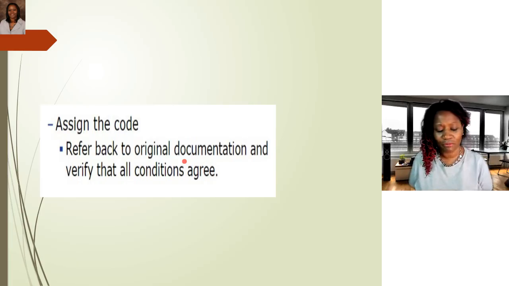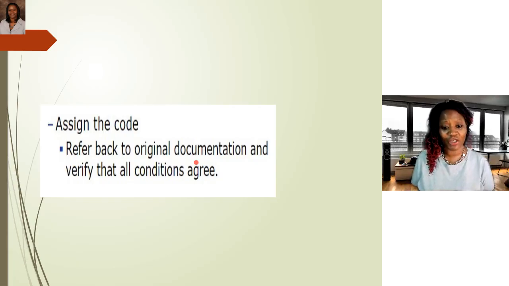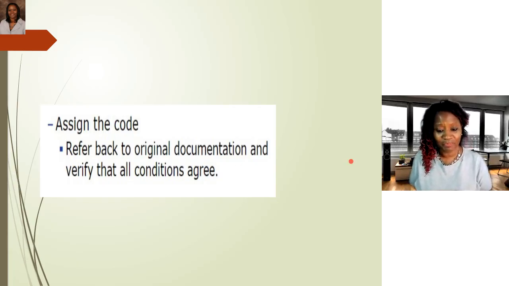Give yourself the opportunity for that final check to make sure you got everything correct, because the code we are assigning must match the description next to that code. The code and the documentation should always match.